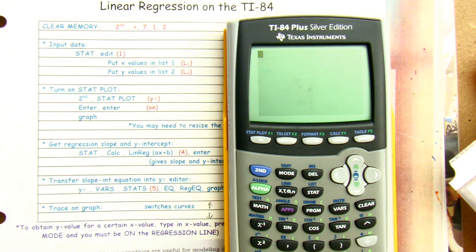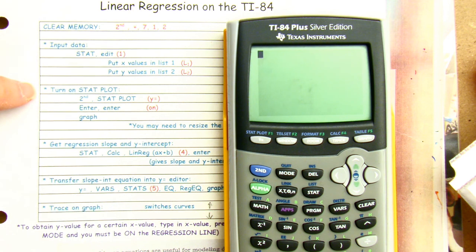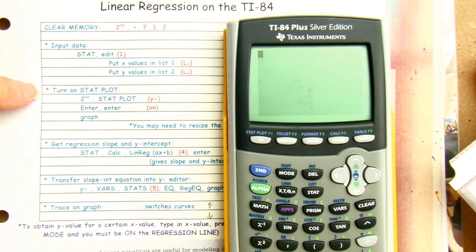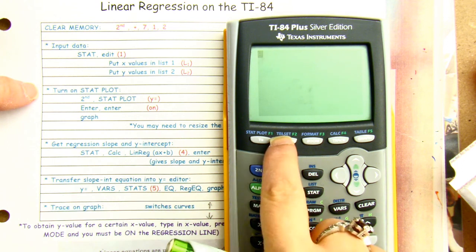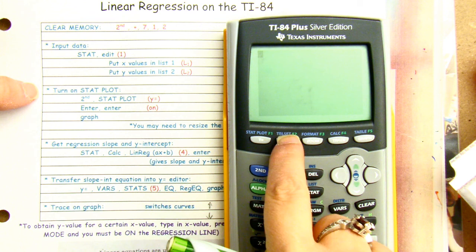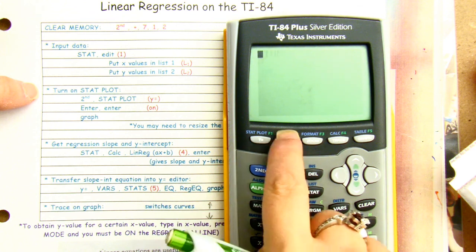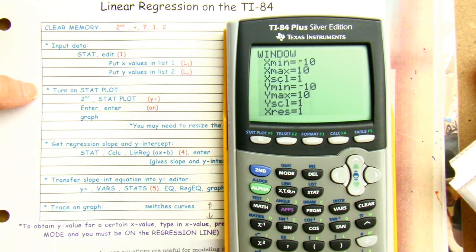Now I want to be able to actually see my scatter plot, so I have to turn the stat plot on. Now remember, when you clear the memory on the calculator, the window, aka the items that you're going to be able to see, is only going from -10 to 10. We're going to want to change our window.